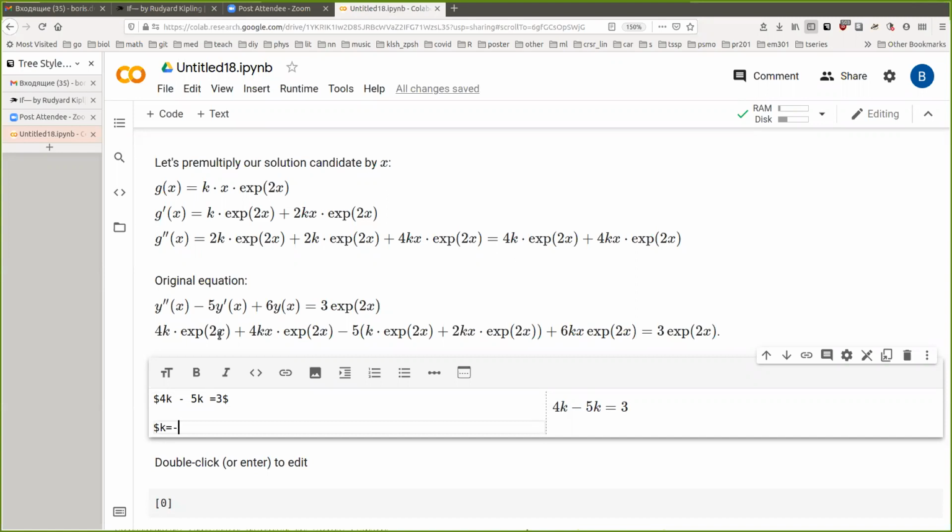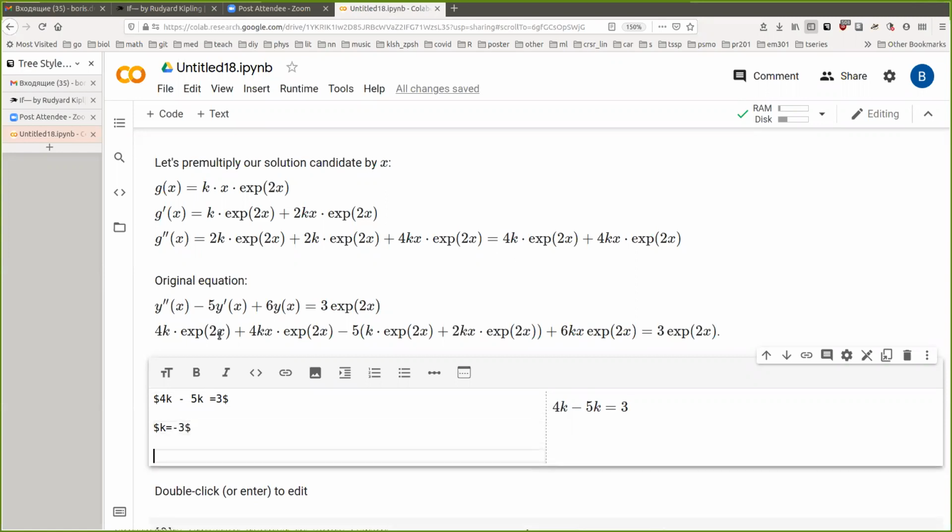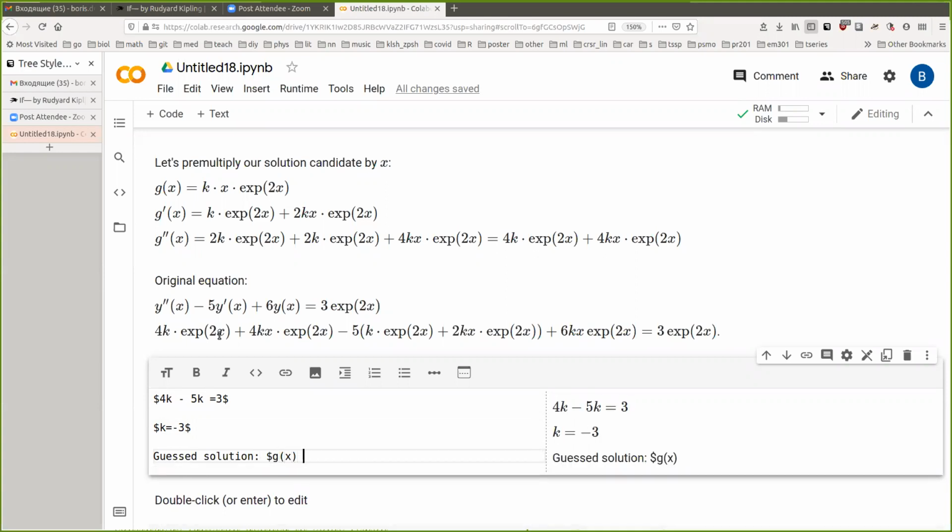Okay, and now finally I have k is minus 3. And I have a guess solution. It's a little bit more difficult than in case A, because it's minus 3x exponent of 2x.